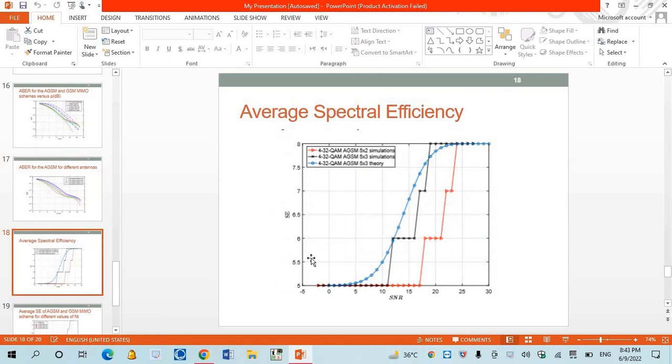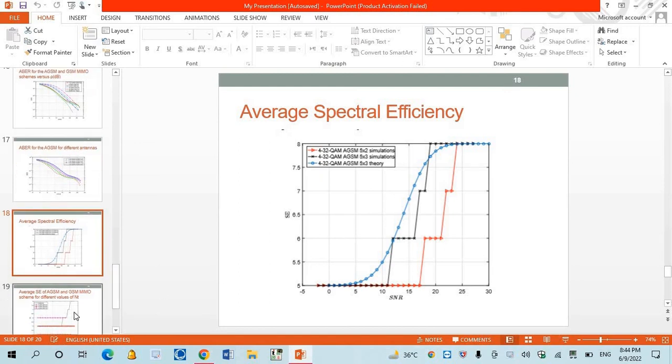Similarly, in this simulation, we can see three lines. The red line shows the AGSM model for 5 plus 2 antennas. The black dotted line shows the AGSM model for 5 plus 3 antennas, and the blue line shows the theoretical model, which clearly shows that the 5 cross 3 model has higher spectral efficiency than 5 cross 2 antennas.